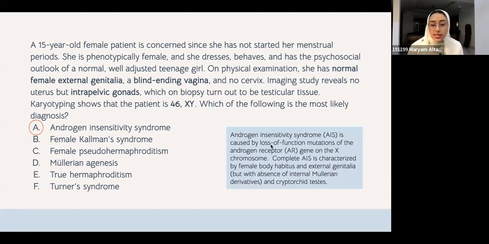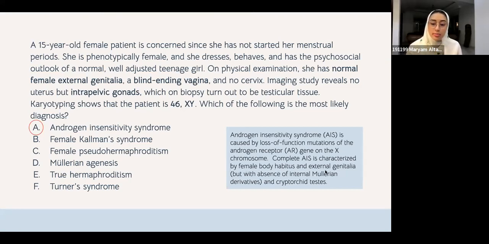Okay, and so that's what's happening here. Androgen insensitivity syndrome is basically when the person's body is not responsive. There's a mutation on the receptor that binds testosterone that tells me, okay, let's develop external male genitalia. Let's fully develop my internal male organs as well. So this is complete androgen insensitivity syndrome.